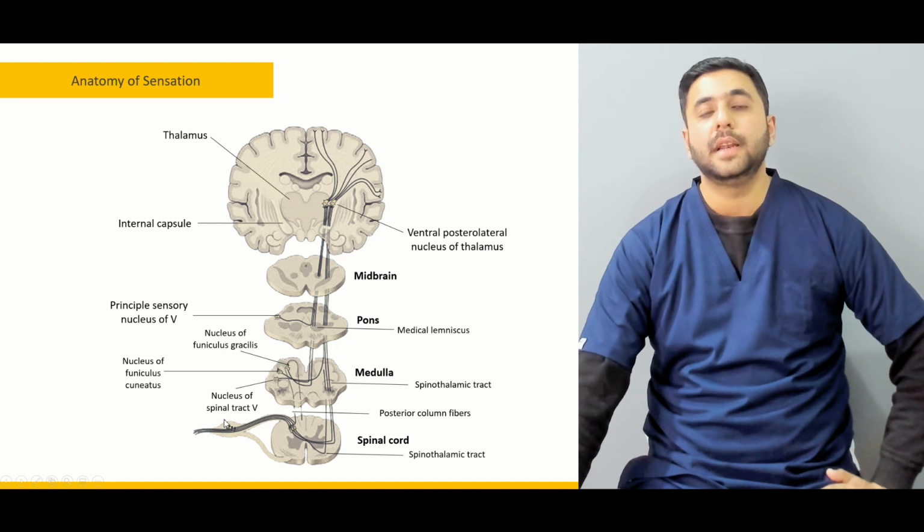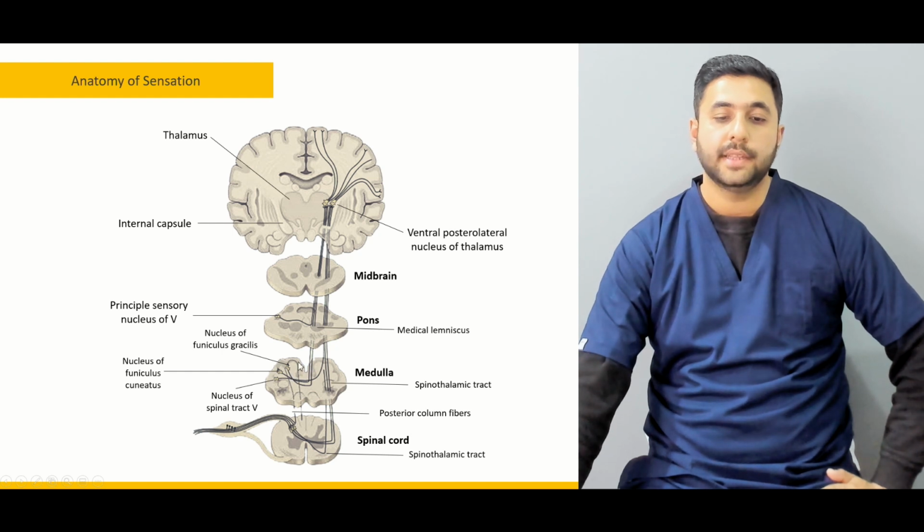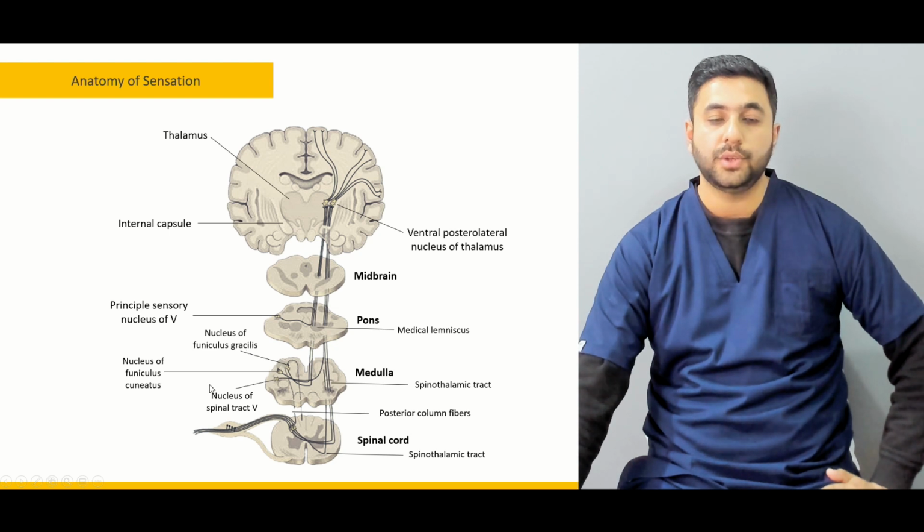The other large myelinated nerves, which are carrying the position, joint, or vibration sensations, enter the spinal cord in the dorsal column, and from this dorsal column they move ipsilaterally all the way up to the medulla. In the medulla, these are relayed and form connections with the nucleus gracilis or the nucleus cuneatus.